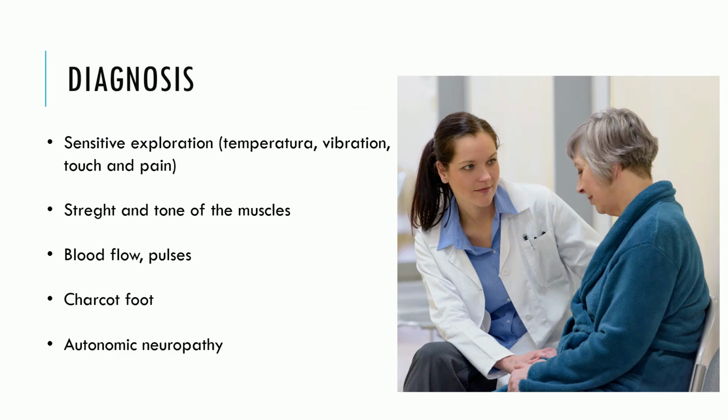We are going, of course, to make the exploration. We are going to check for the sensitive exploration. So if the patient can detect temperature, vibration, touch, and pain in each of the feet, and of course in the hands, and of course if there are other areas of the body that the patient reports as affected, we are going to do the exact same exploration.